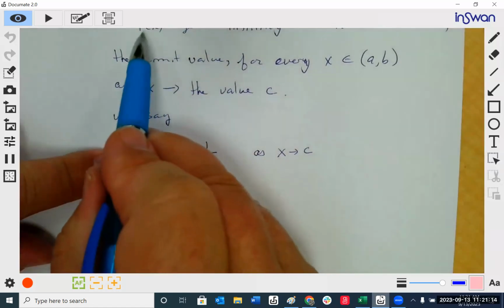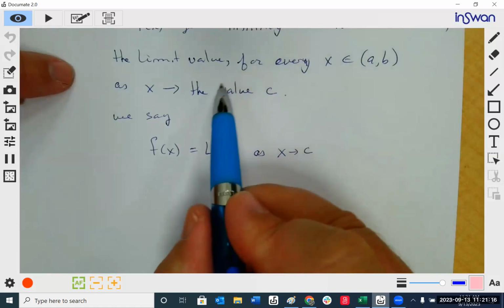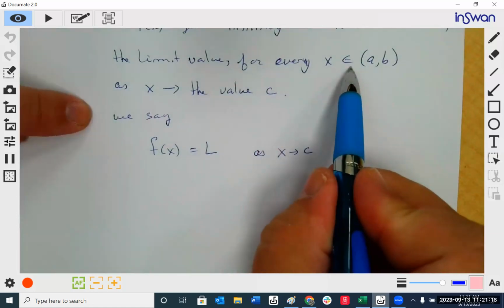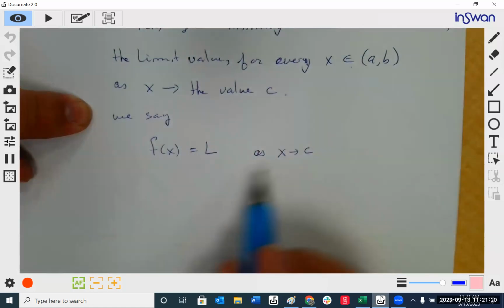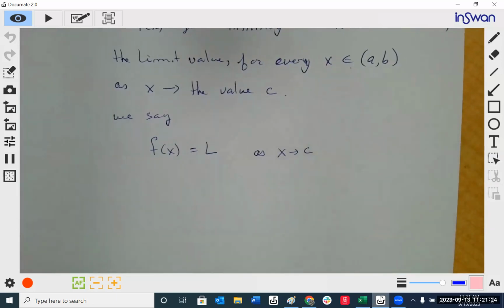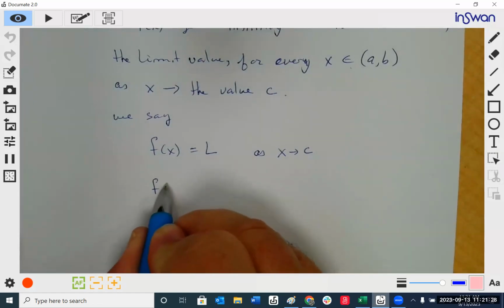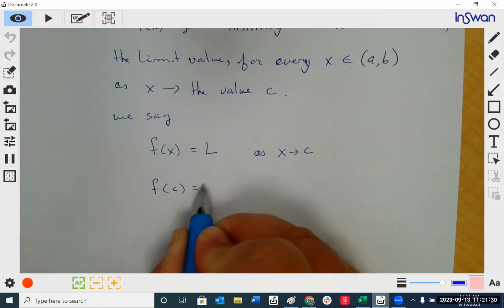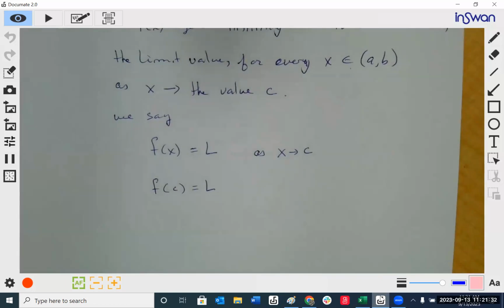Because remember, we're looking at a function that gets arbitrarily close to a limit value. Remember, c is our arbitrary value. That's the value we're going to look at. So when we plug in f of c, we get the limit. That has to exist for it to be continuous. But it doesn't have to exist for the limit to exist.